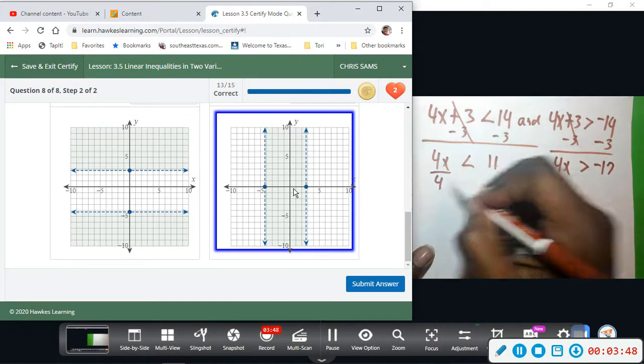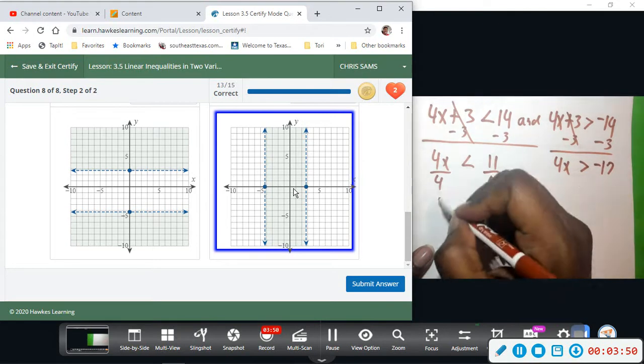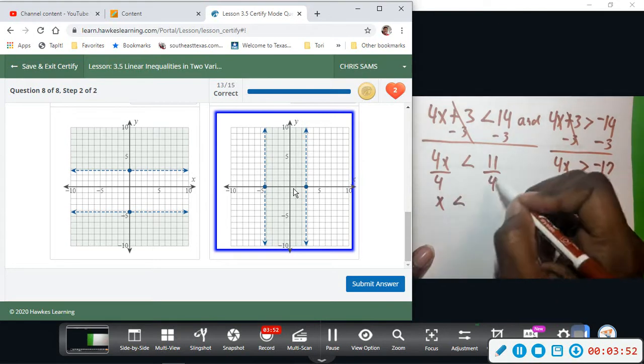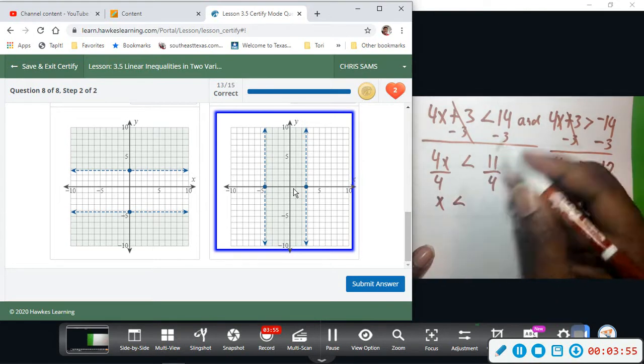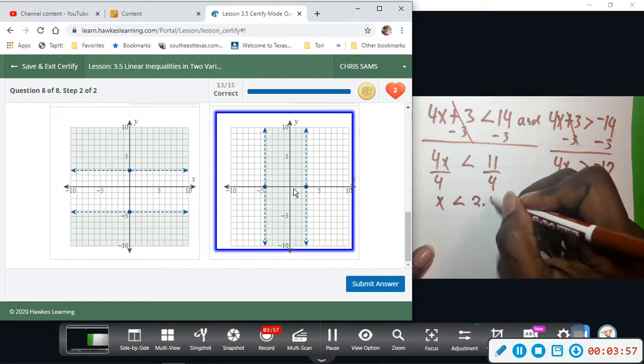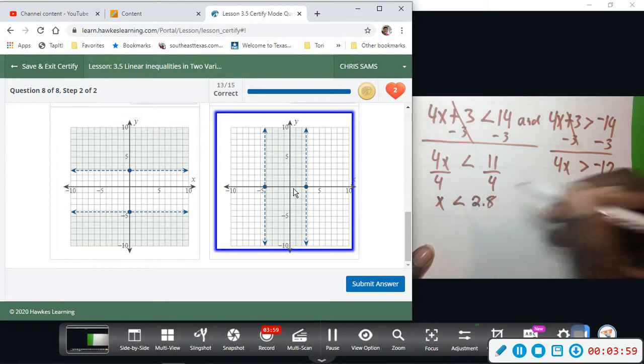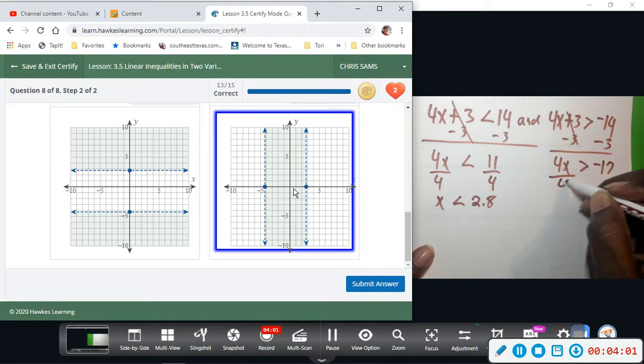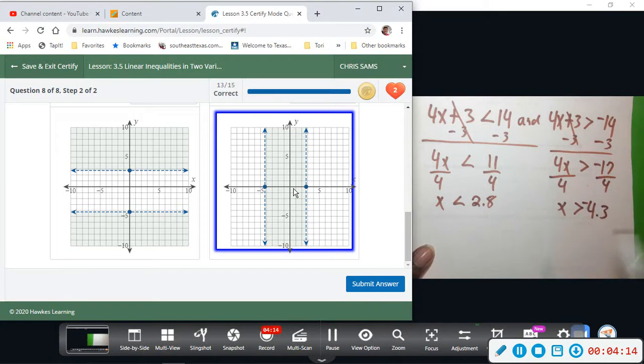Divide by 4, divide by 4, and we get x is less than 2.75. Let's just say 2.8. Then over here, divide by 4: x is greater than negative 4.25, or negative 4.3. So these are our two x values.